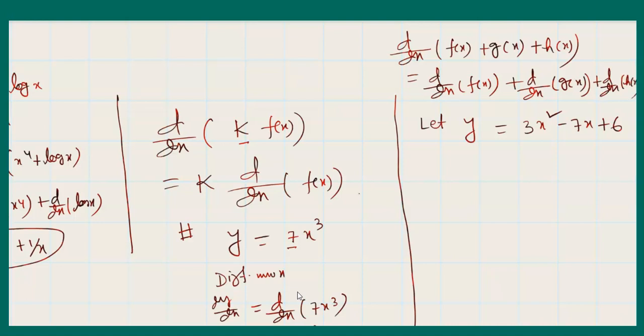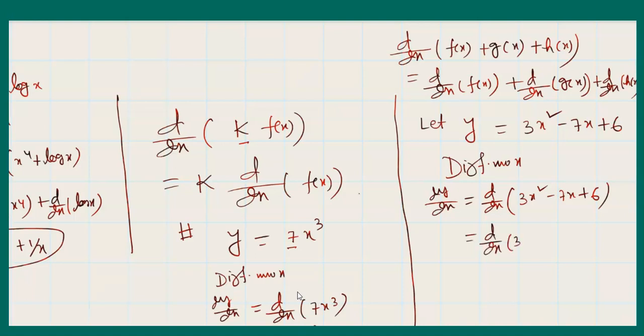Okay? So when you are going to find dy by dx for this function, you just write, differentiating with respect to x, dy by dx will be d/dx of 3x square. So how many functions are there? You can see the sum of 3 functions. So you write d/dx of 3x square minus d/dx of 7x plus the derivative of 6.